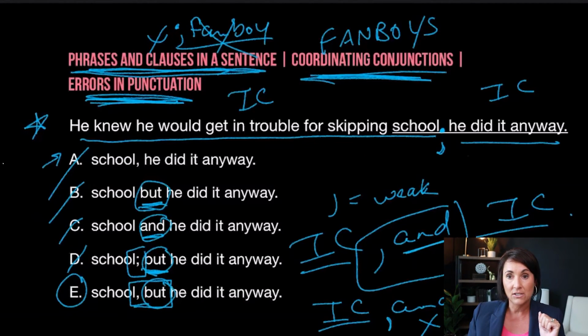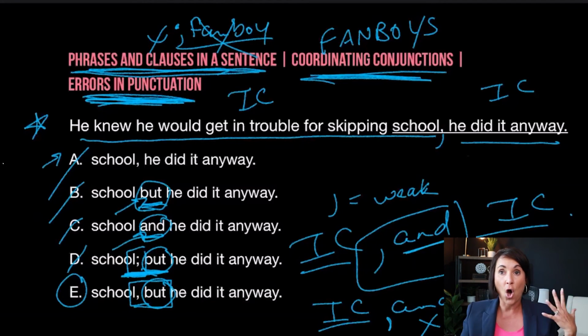These are all coordinating conjunctions, and so we know that we need comma, but, comma, and so we were able to eliminate on that. And then we have errors in punctuation: this comma all by itself is an error in punctuation. Also, this semicolon next to the "but" is an error in punctuation. The missing commas here and here are also errors in punctuation.